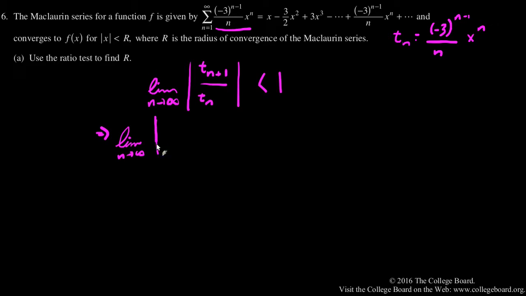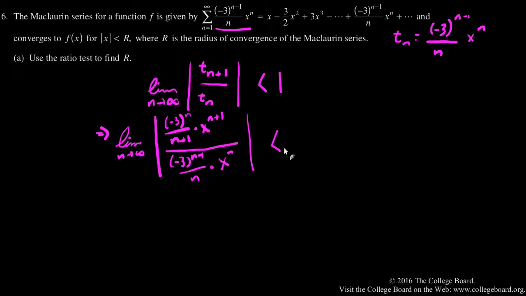That would give me (-3)^(n+1-1), so it's going to be to the nth power, all over n plus 1, times x^(n+1), all divided by t sub n, (-3)^(n-1) over n times x^n. And that has to be less than 1.